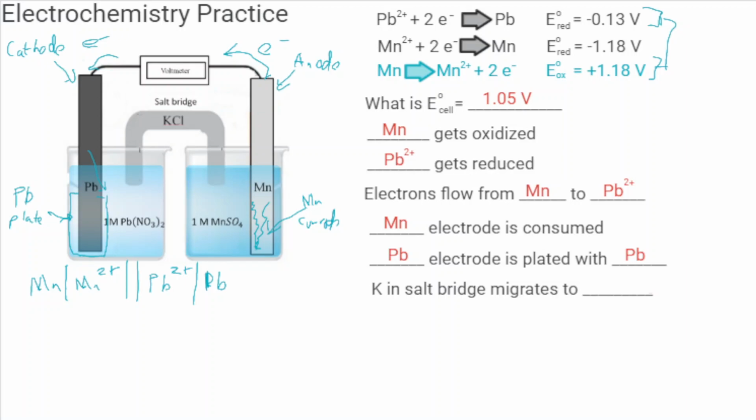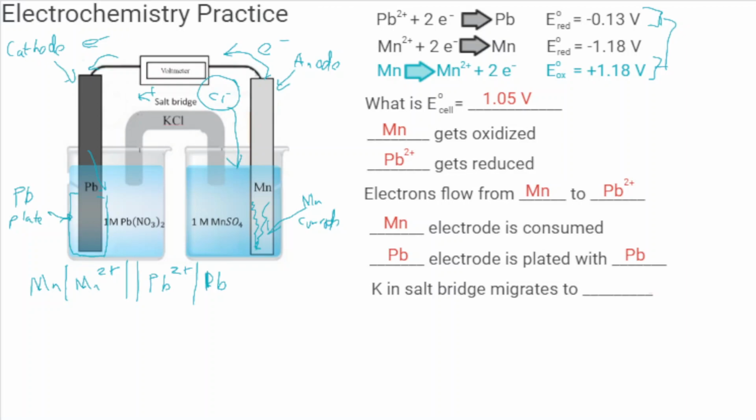And then finally, we need to figure out where everything is going in our salt bridge. So we can have potassium plus, chlorine minus. As this reaction occurs, we are generating some manganese 2+. In that case, our Cl-, our anion, has to go into this solution.